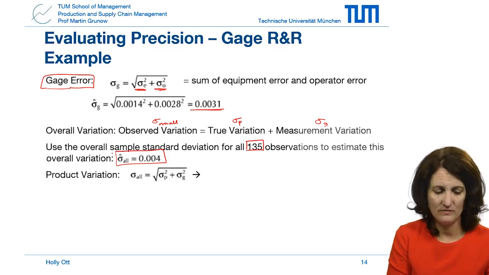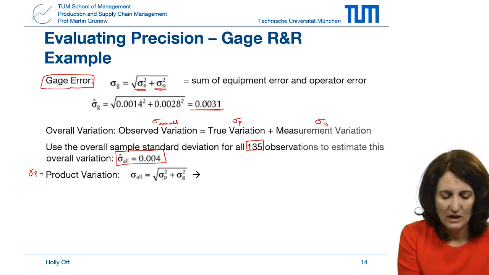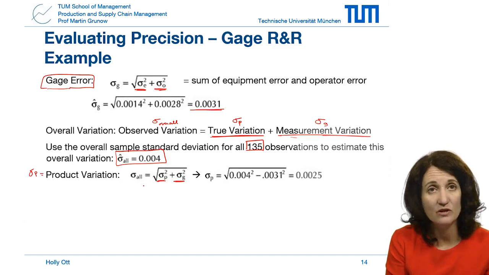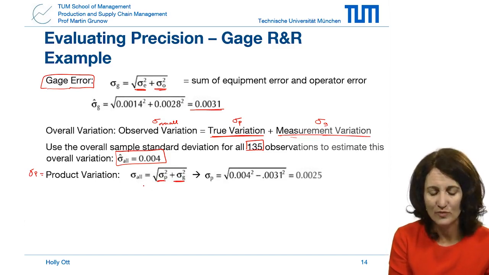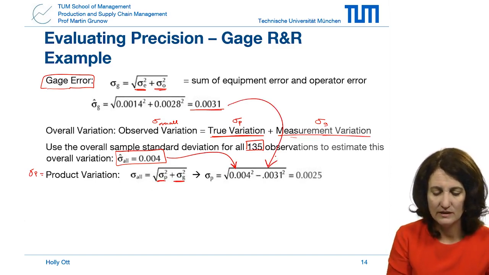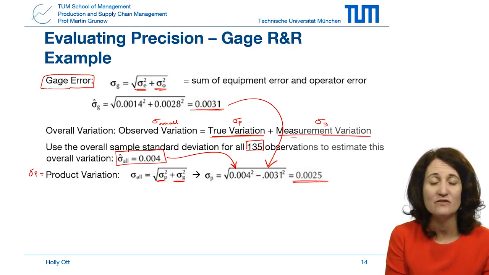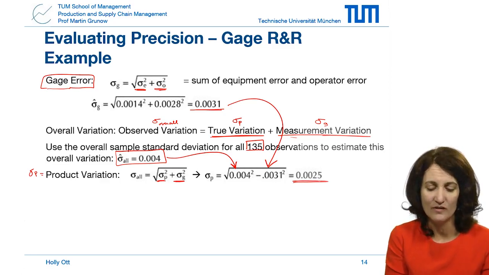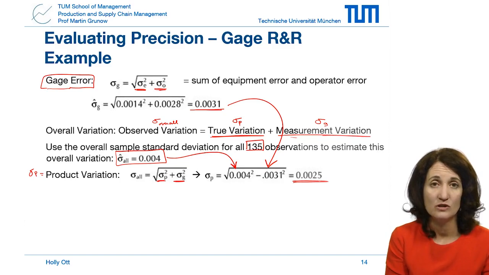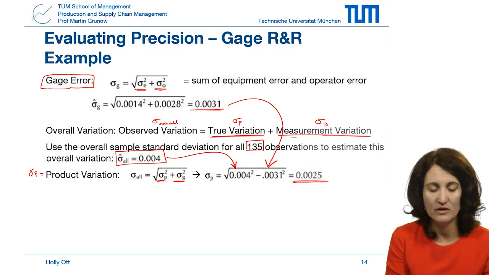So, given that the product variation, so we're going to call that sigma p, the true variation plus the measurement variation is going to contribute to that overall variation. We can solve for the overall product variation by using our overall variation and the gauge variation, and we come up with a value for the expected inherent variation due to the process of 0.0025 inches.